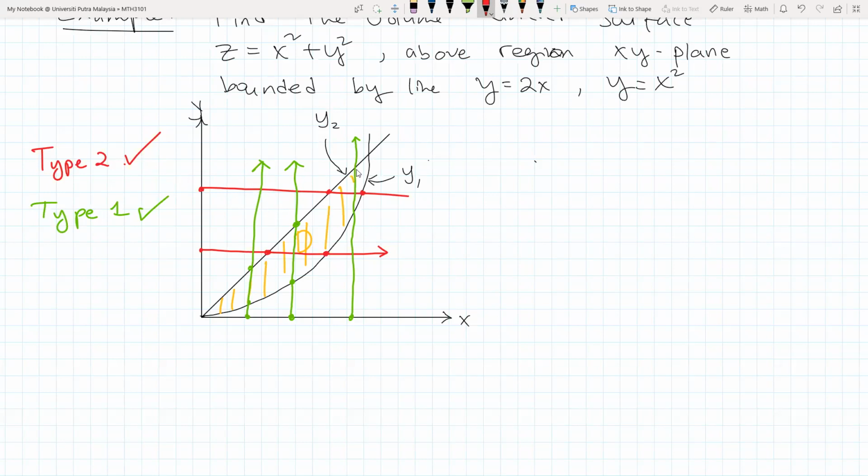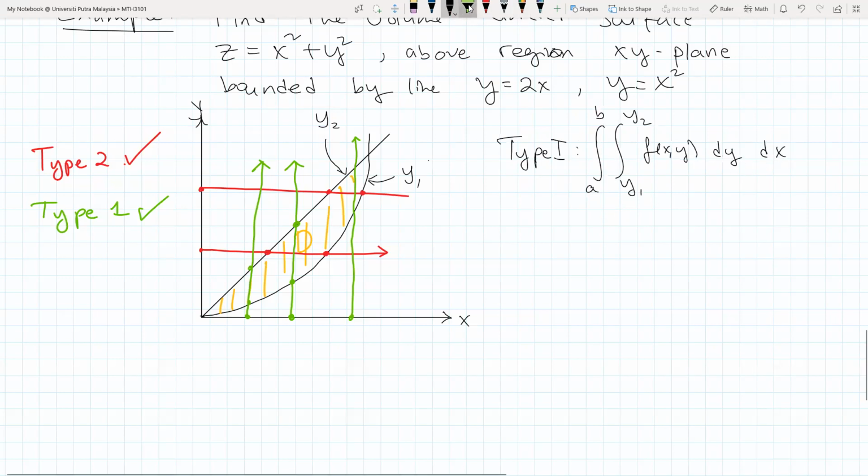But you have to remember which boundaries you want to use. For example, if I use type 1, I have to specify the boundaries. Remember what type 1 says: integrate from a to b, y1 to y2, f(x,y) dy dx.